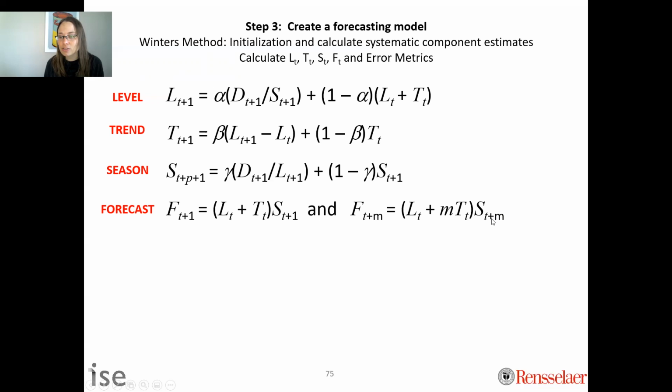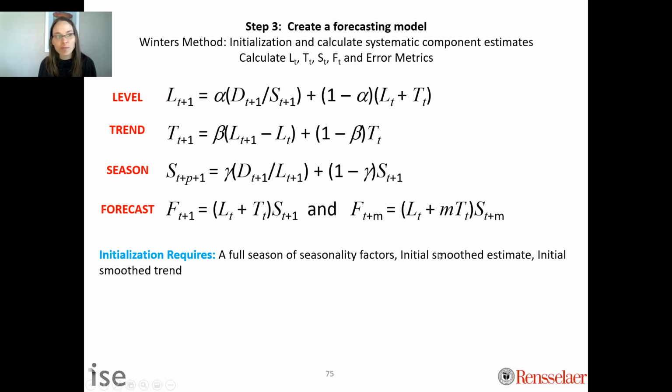So let's just say we're in January. Why is it plus m and minus the period length? It gets a little bit ugly, in that we need to make sure we're capturing the right January, January, February, February kind of thing. And so what we're doing is then saying, should it be a higher or lower amplification or de-amplification based on our seasonality?